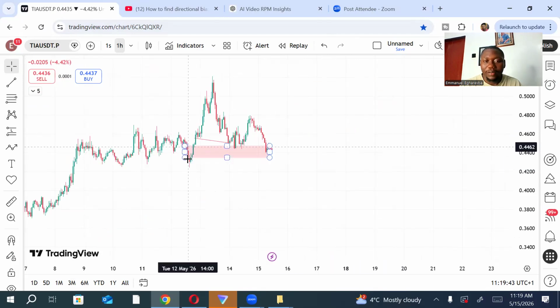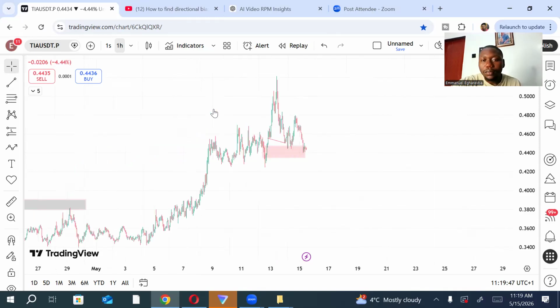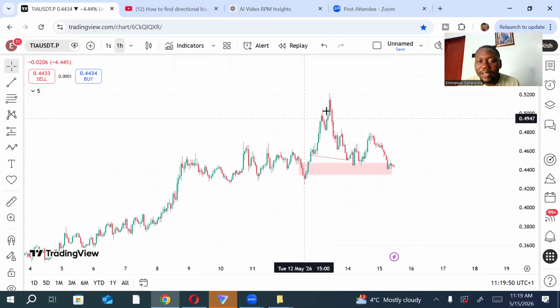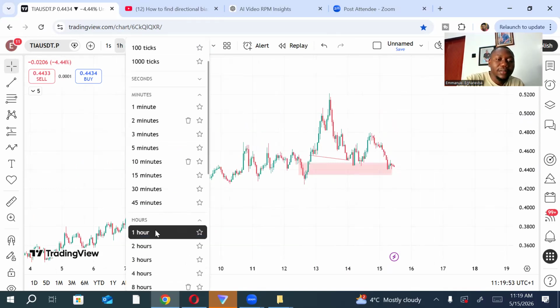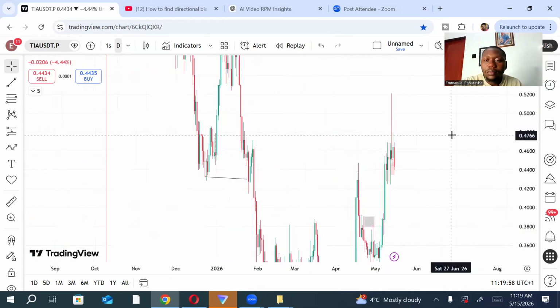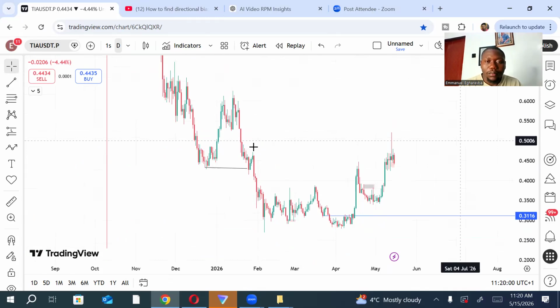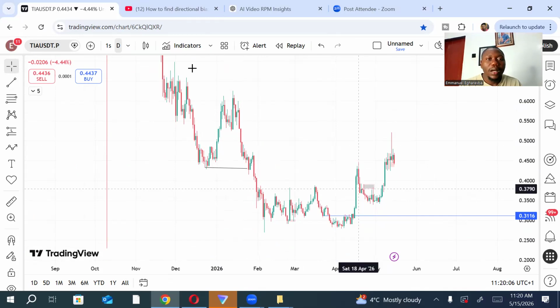This did not play out. So you can see that this is obviously a downtrend. Let's look at the daily time frame. Liquidity sweep here. I wouldn't engage in this trade.